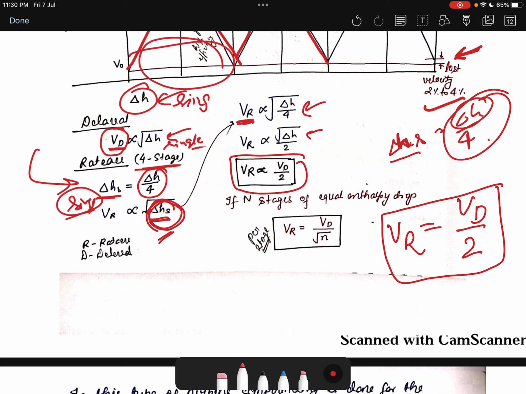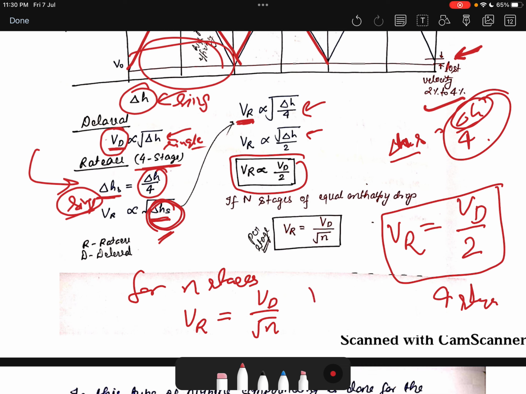If there are 4 stages, for n stages, velocity of the rotary turbine will be Vd by root n. So here we can see that because velocity is equal to pi dn by 60, and because velocity of the rotor is decreased, the RPM will be decreased. Fine.